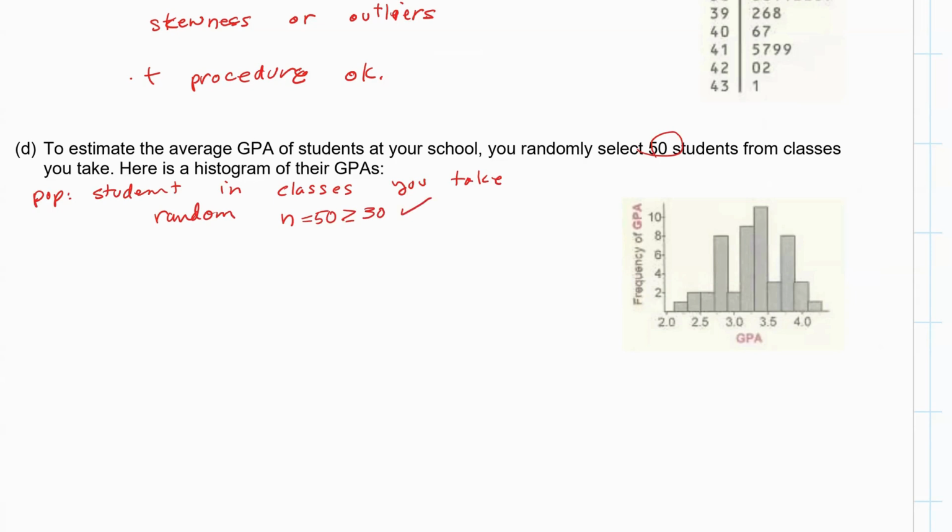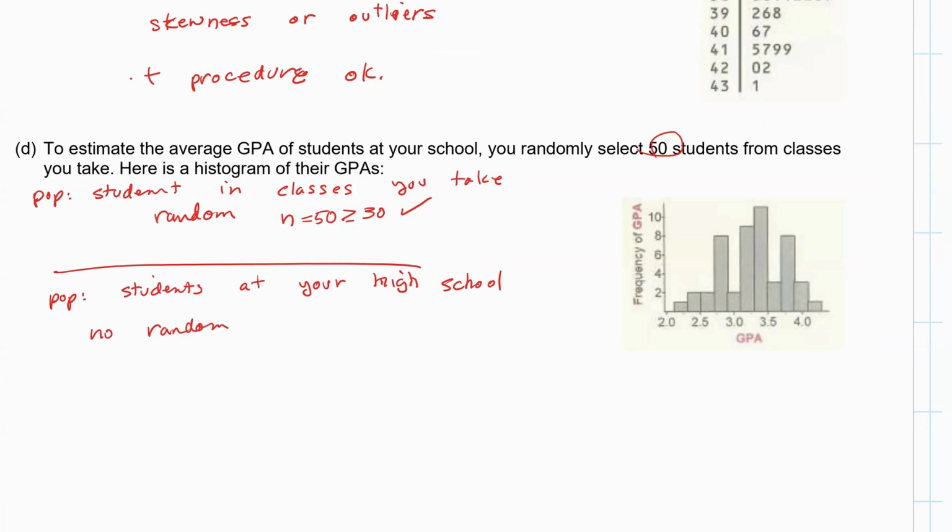So we'd be okay. But if the population are students at your high school, if that's the case, if that's your population, then this isn't a random sample of those students. Oh, it's random, but it's not a random sample of all students.